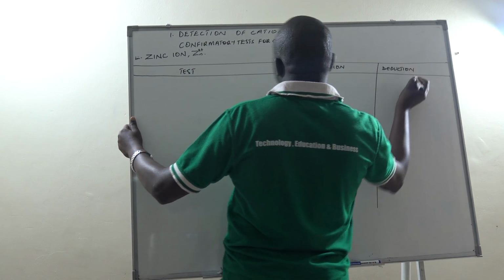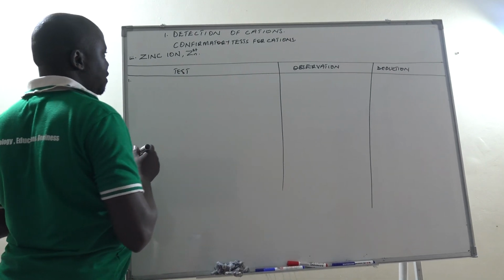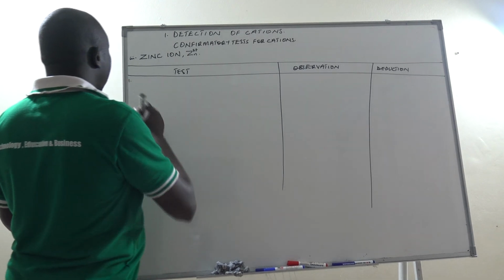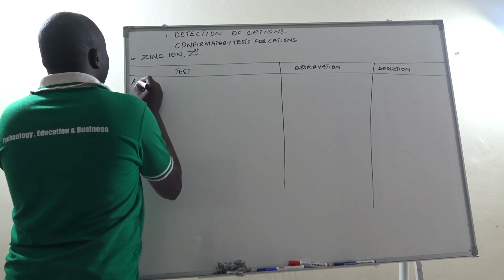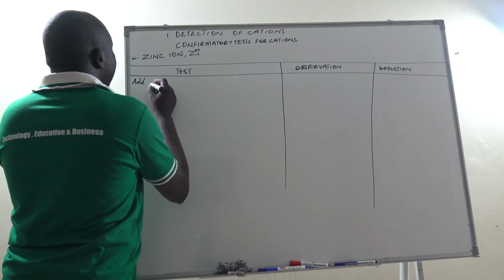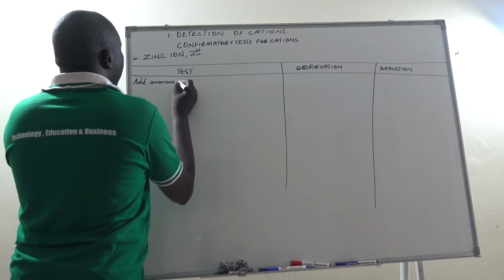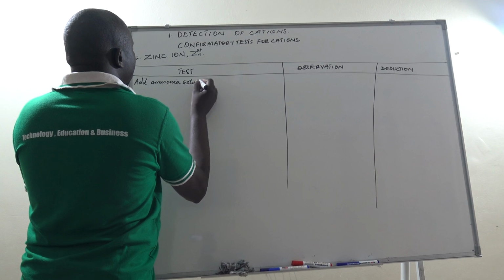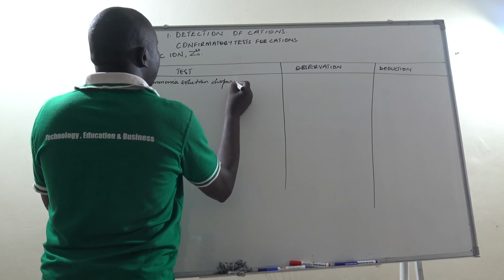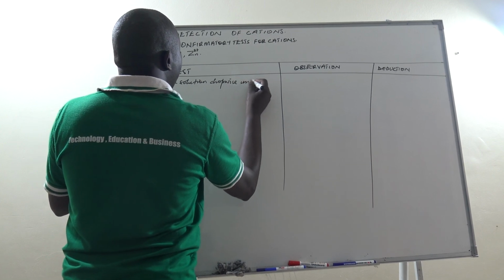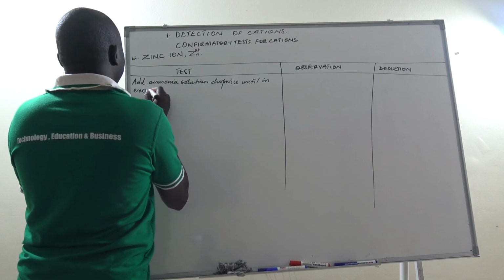So here we go. One of the reagents that we use in this case is ammonia solution. So the procedure of the test is add the ammonia solution dropwise until in excess.